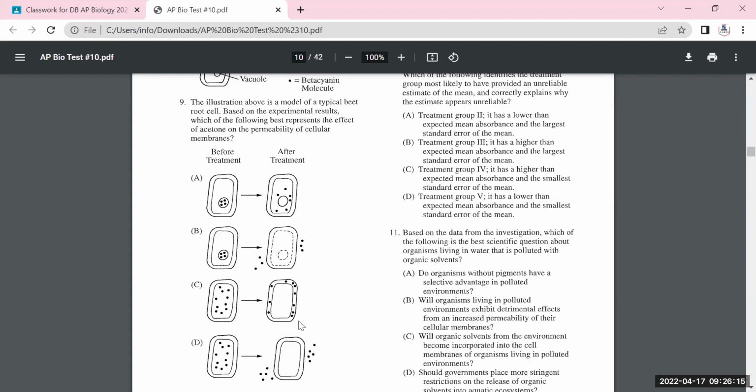So you can see that your cell wall is fine, but it did affect your cell membrane and your vacuole right here. And remember, your vacuole is also made of cell membranes, hence the damage.